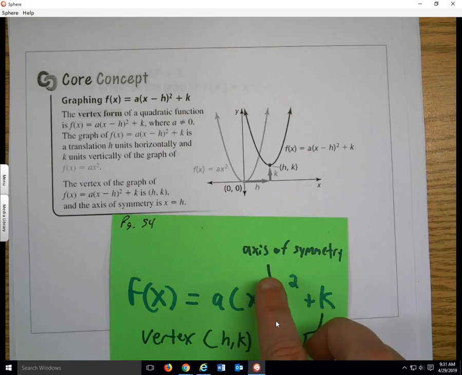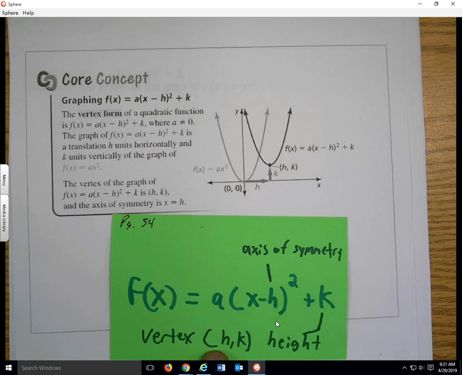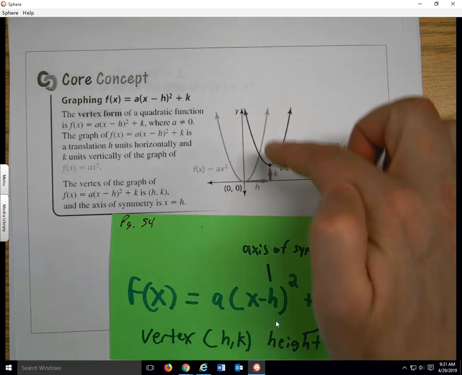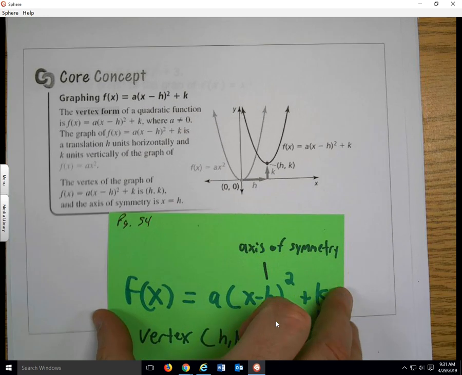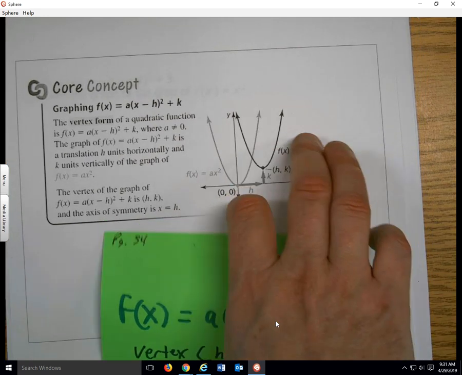So you may recall from last lesson the axis of symmetry is just the h, and the height is just the k. So whatever the h and the k are is the vertex. We find the vertex very simply. Remember, the vertex is either the maximum or, in this case, the minimum point of a parabola. So that's what we're going to be learning about today.